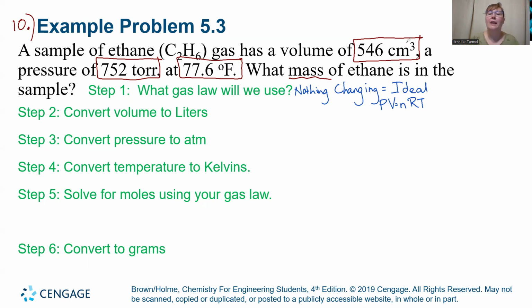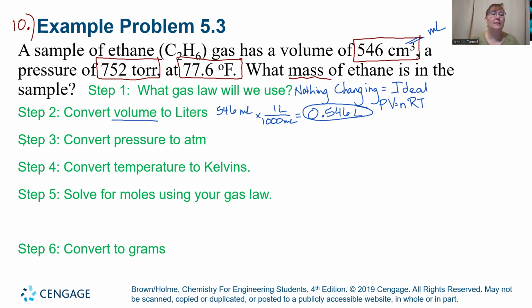So remember that a centimeter cubed is the same as a milliliter. So we have 546 milliliters, and in our conversion, we have milliliters on the bottom and liters on the top, which will give us 0.546 liters. And that is our volume.